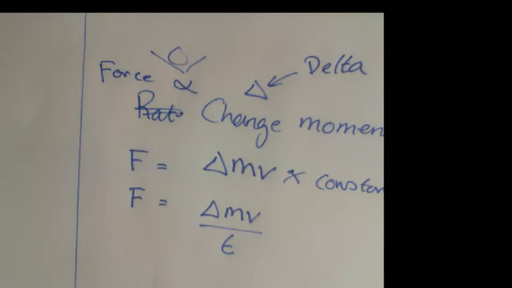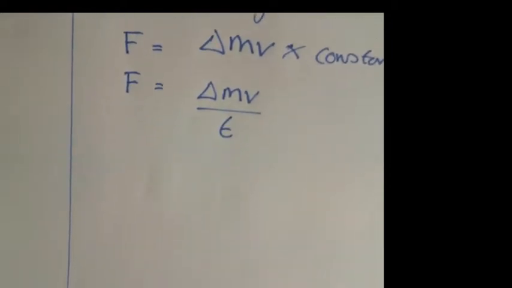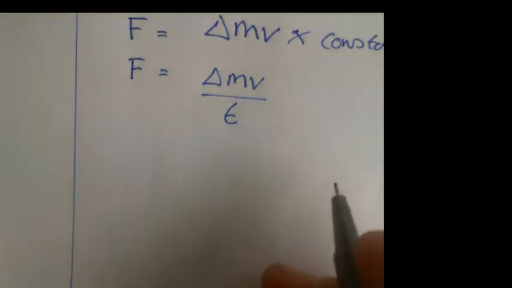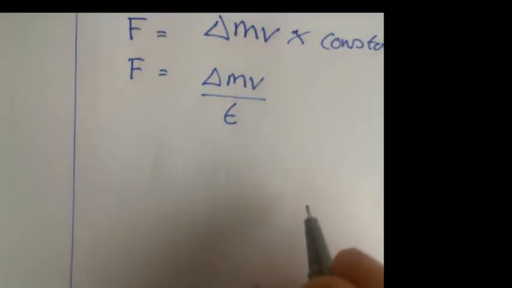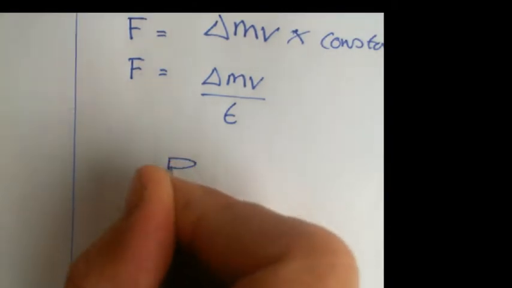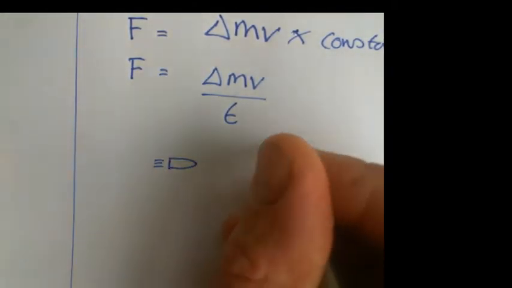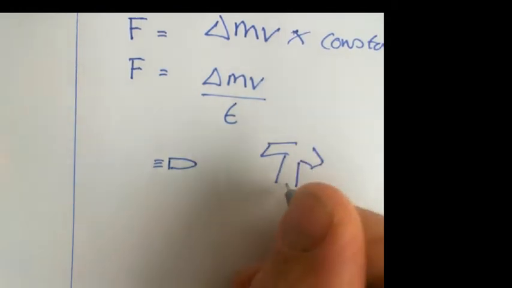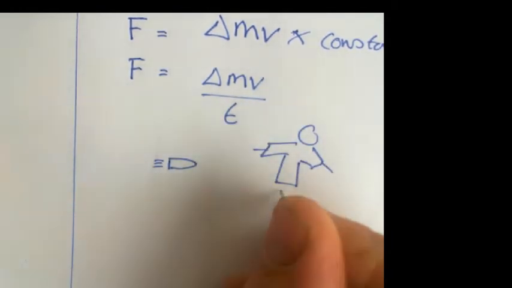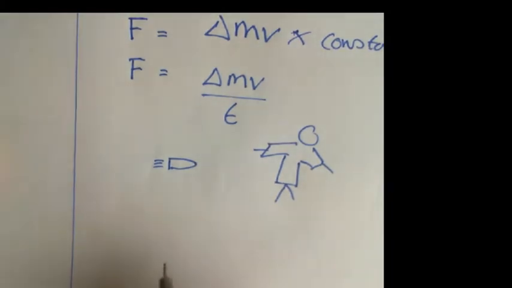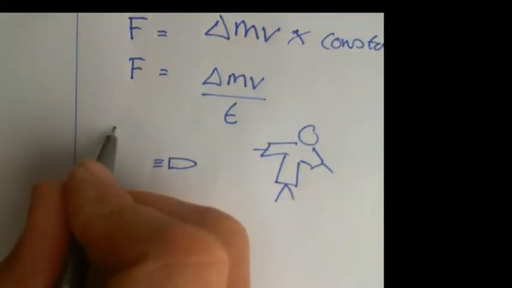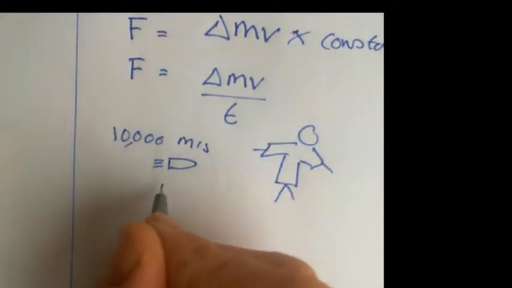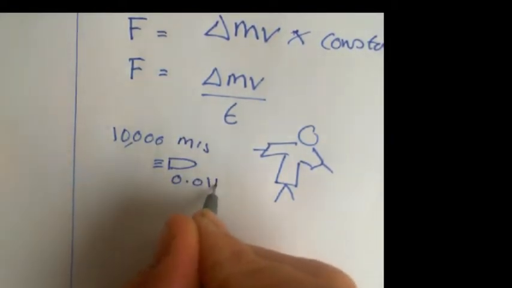Okay, so let's give an example of that. Let's give the example of a bullet hitting a bulletproof vest. Okay, and the bullet has a velocity of 10,000 meters per second and a mass of 0.01 kilograms.